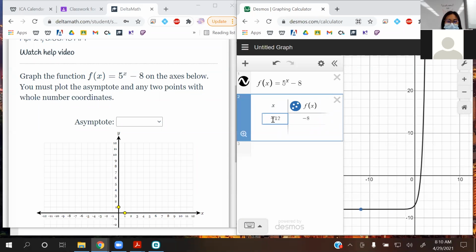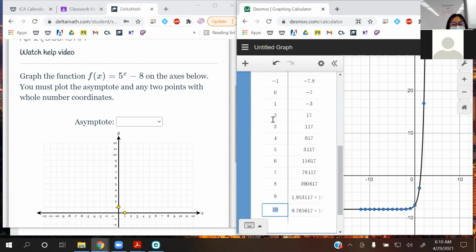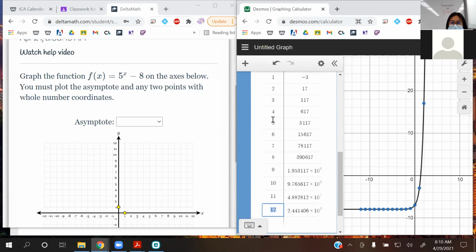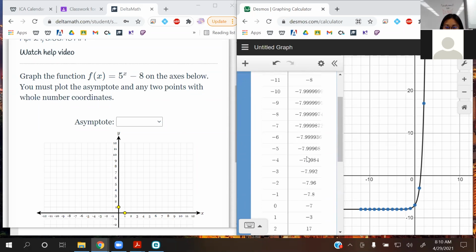So I'm just going to go ahead and type all these numbers in. And it starts filling it in for me. Cool.